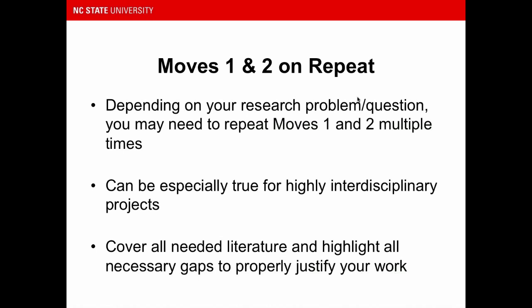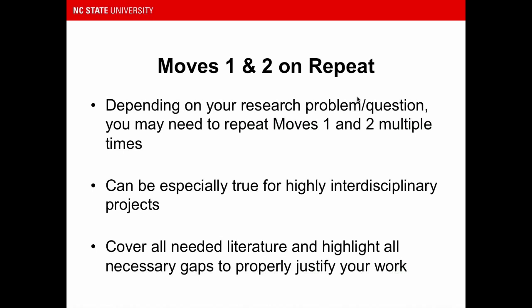A lot of them cycle through various examples. The computer science, cloud computing, cloud brokering example that I pulled from, they did this several times. They were highlighting where it exists in industry, where it exists in the academy. So they cycled through moves 1 and 2 until they got to a point where they had established all that was known and all that isn't still known with that particular topic.